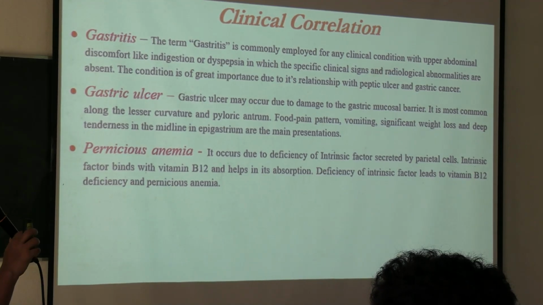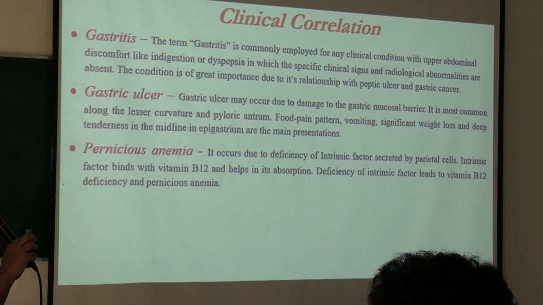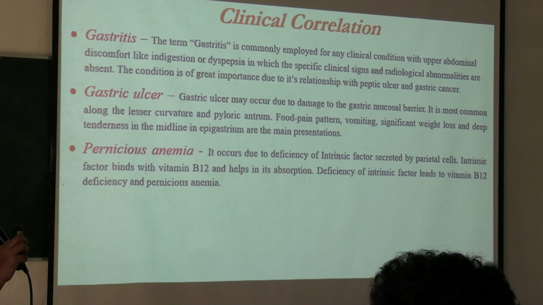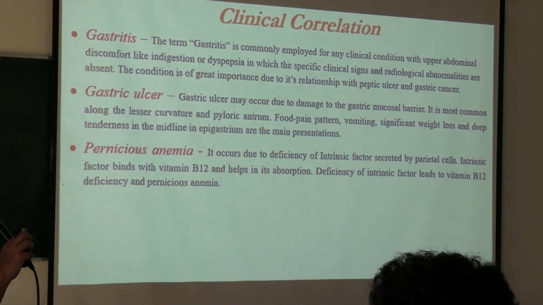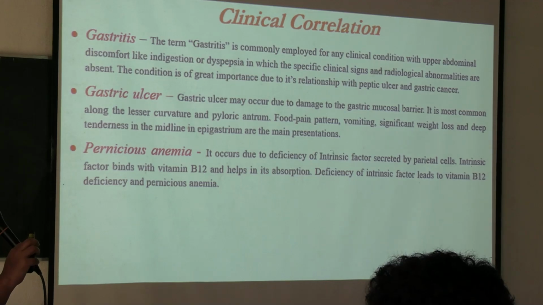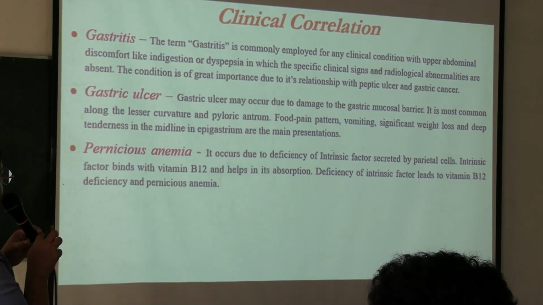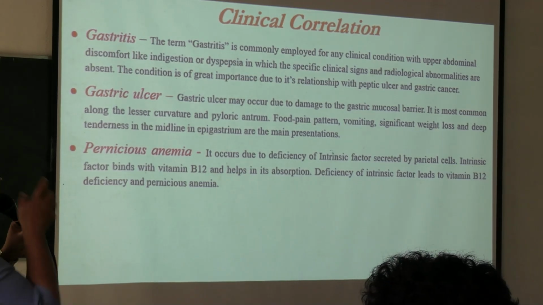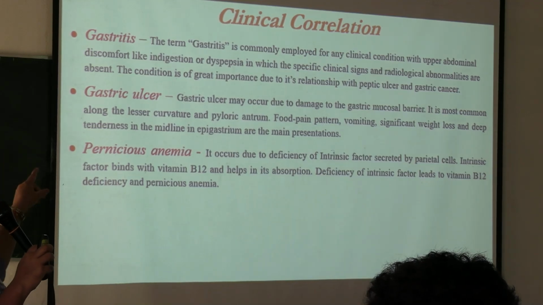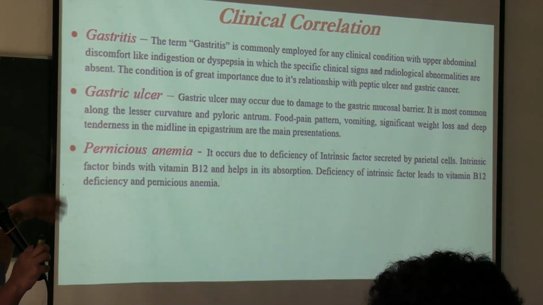If you take food, there will be pain in case of gastric ulcer. But in case of duodenal ulcer, there will be craving for food. Taking food will relieve the pain in case of duodenal ulcer. Okay. So if it is here, the mucosal barrier is damaged in the gastric region.